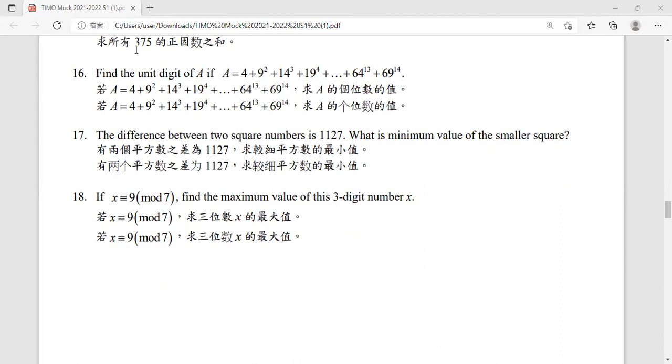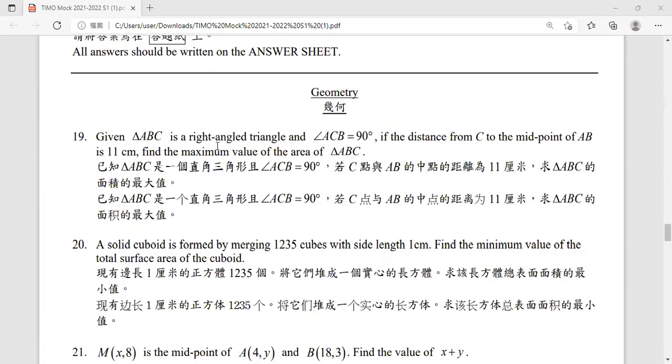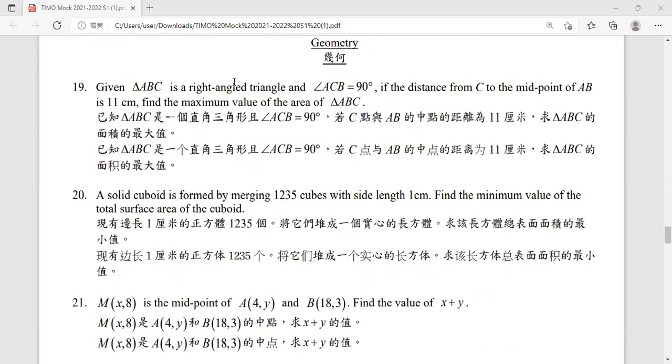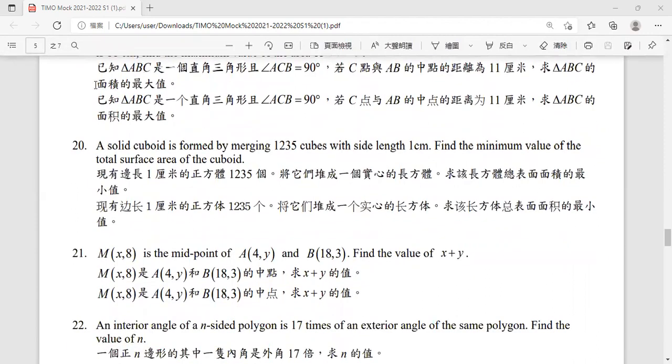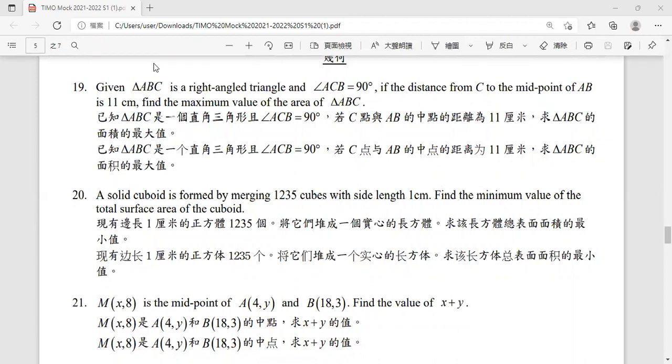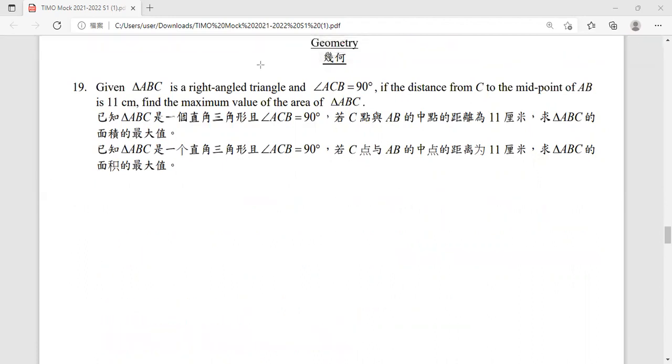Okay, question 19. For this question, actually very easy, but after some time you will find out that you are tricked by someone. So for such kind of question, please draw a diagram first.